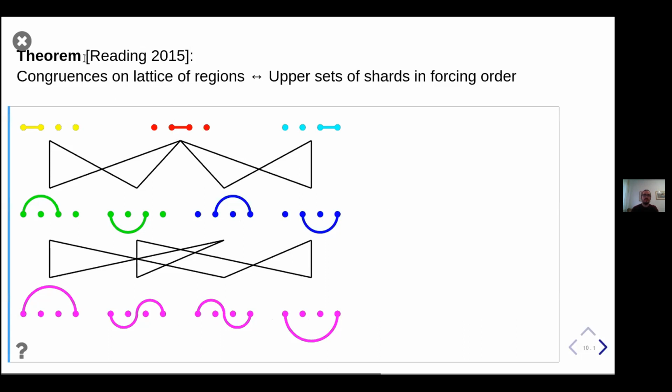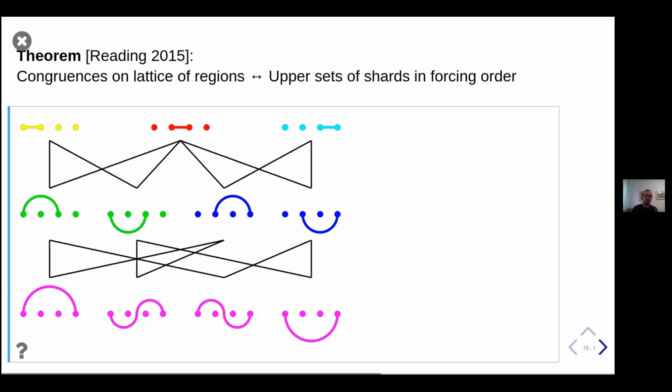Now, what does this statement here mean? Whenever we build a congruence on the lattice of regions, we can completely describe this congruence by which shards have been retained in the quotient fan and which shards have been removed in the quotient fan.